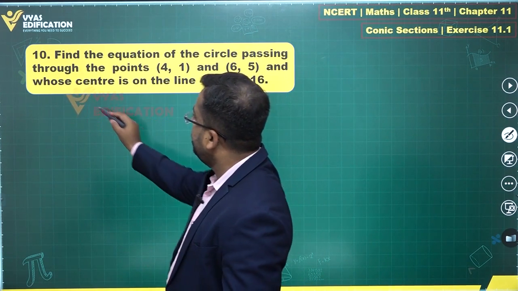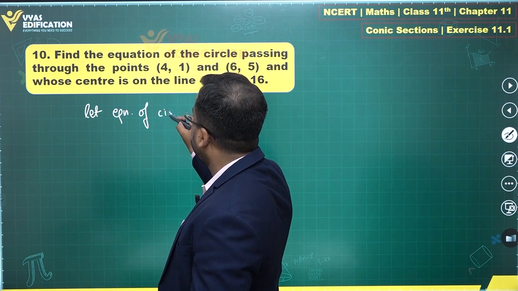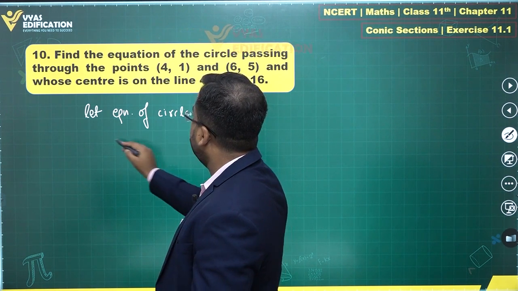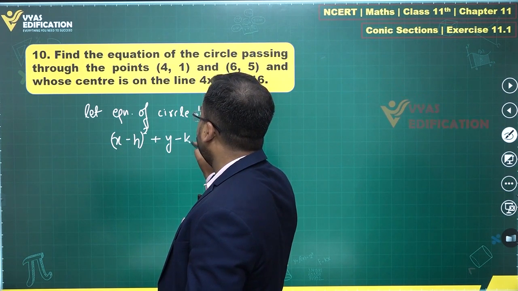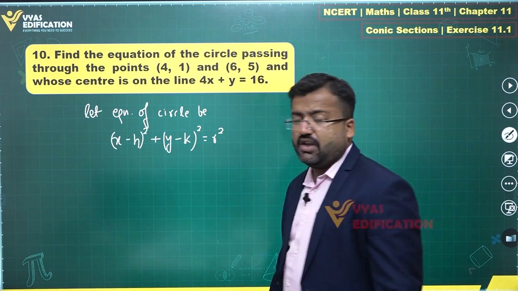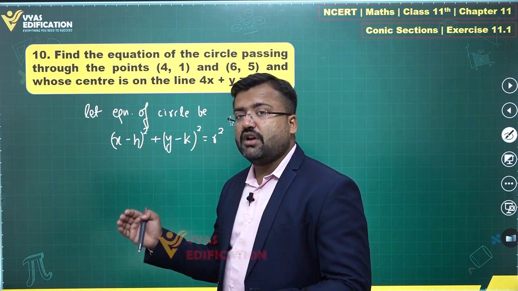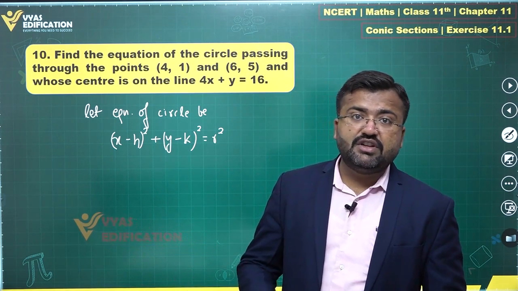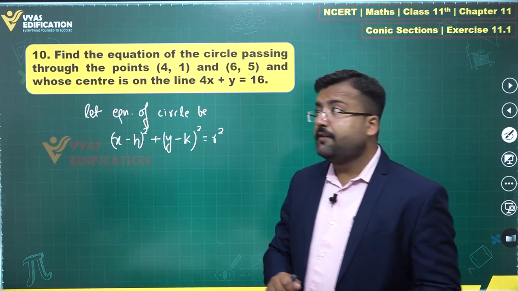For us, let the equation of circle be x minus h square plus y minus k square is equal to r square. We can use this version or the other version, that is the general equation of circle, which says x square plus y square plus 2gx plus 2fy plus c equals 0. But from the NCERT point of view, this is the equation that will work, right?